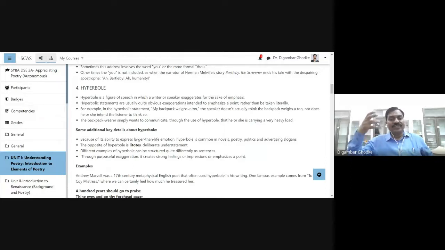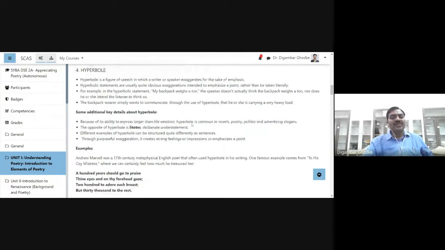Hazaro log, for example, when we say so, the people may not be in that number. But we want to convey that it was a very crowded place. So here the person who is talking about the backpack wearer simply wants to communicate through the use of hyperbole that he or she is carrying a very heavy load. So that is the intention.